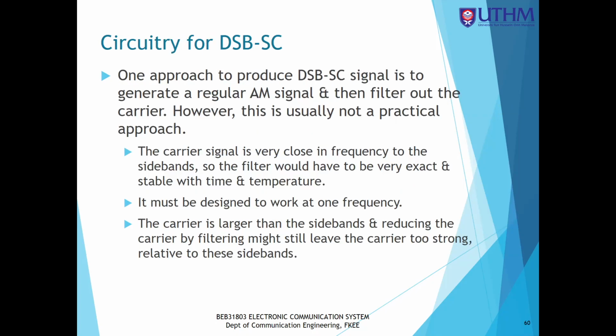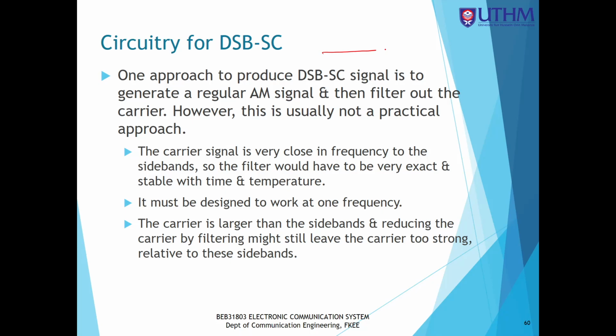Circuitry of the double sideband suppressed carrier. This is how we want to generate the double sideband suppressed carrier signal. Previously was how to produce the double sideband full carrier. Now, how can we produce a suppressed carrier?